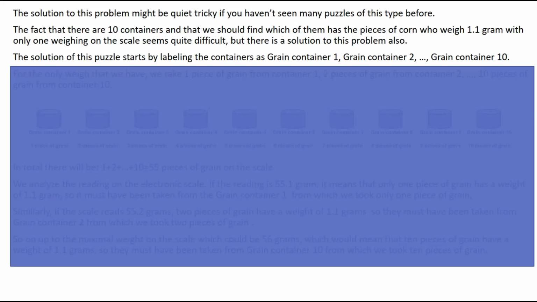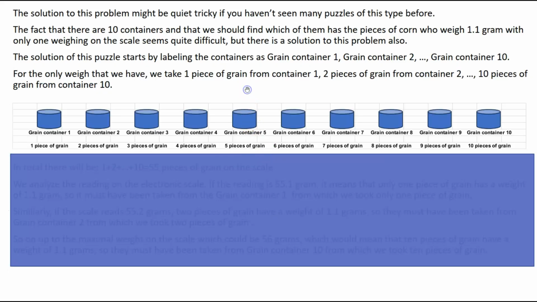So let's start by labeling the containers as we said before: grain container 1, grain container 2, up to grain container 10. In order to do the only weighing that is given to us, we will do the following trick, which is the main trick to solve the problem.